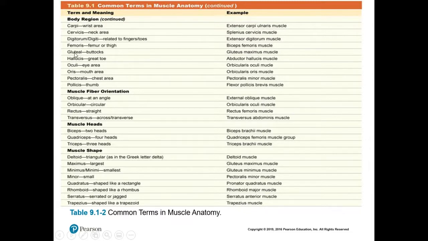Gluteal, obviously the buttocks. Keep in mind hallux, right, which is the toe. Oculi is the eyes, obviously. Oris, right? So we learned all these terms back in body regions, a few weeks ago. And we have orientation.